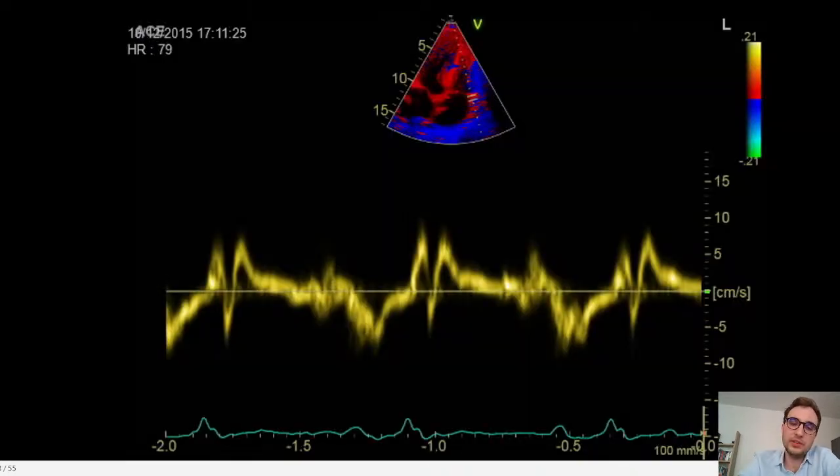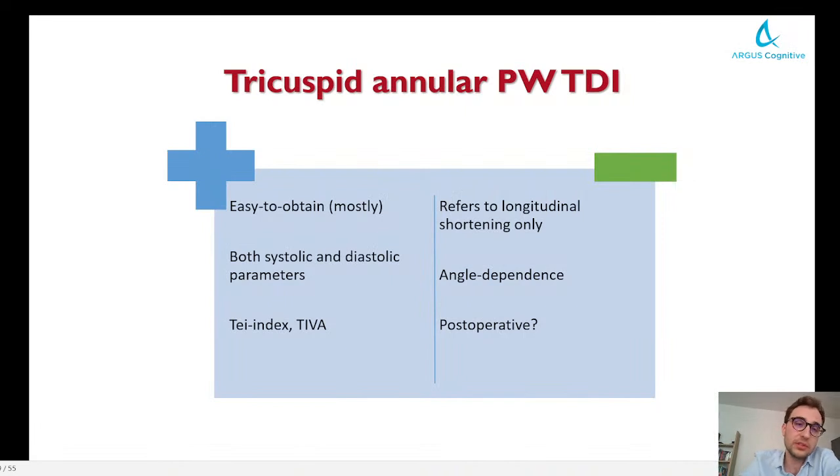We can also use tissue Doppler based methods, for example, the pulsed wave tissue Doppler imaging of the tricuspid annulus. It's also a mostly easy to obtain parameter, so in the vast majority of patients it's feasible. We can assess both systolic and diastolic parameters, so not just the contraction but also the relaxation abnormalities of the right ventricle.